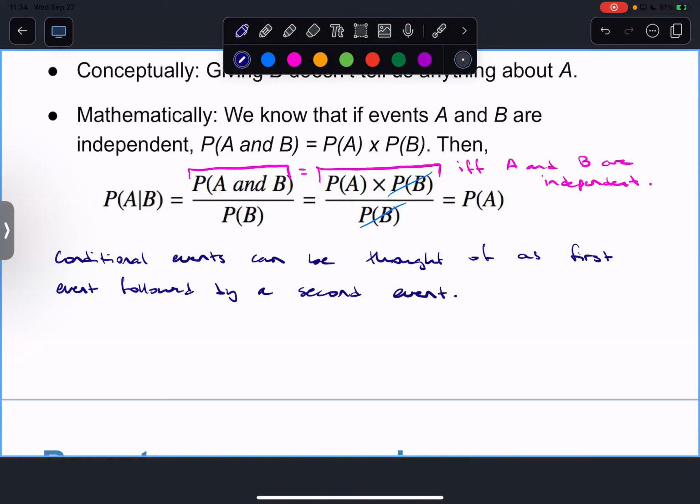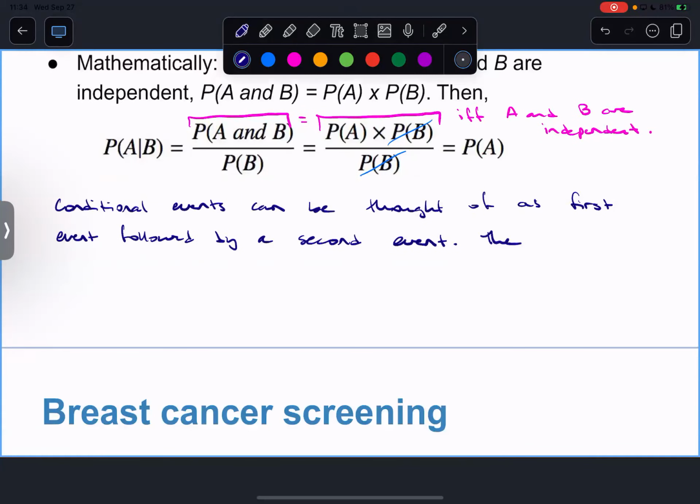The easiest way to organize this information is using a tree diagram. I'll write that down.